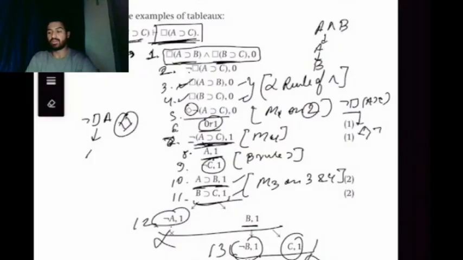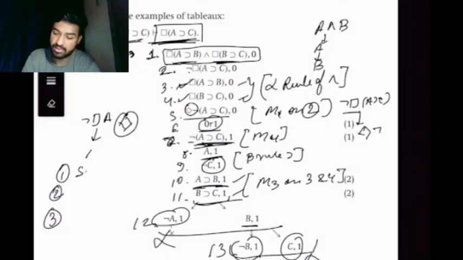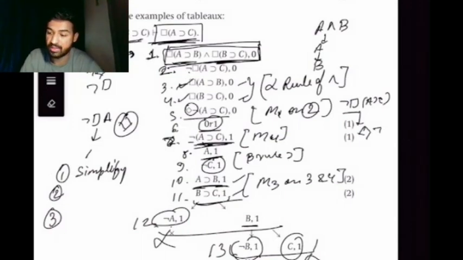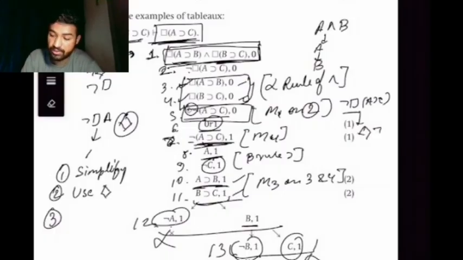Now see, the basic method of how we are proceeding here, this is my understanding of the subject, is that first we need to simplify the argument that has been given to us, remove all the negations in front of the boxes, all the negations in front of the diamonds, and then once we reach only diamonds and boxes, like these propositions, only boxes here and only diamond here, then wherever there is a diamond, we need to use these diamonds to open new worlds.